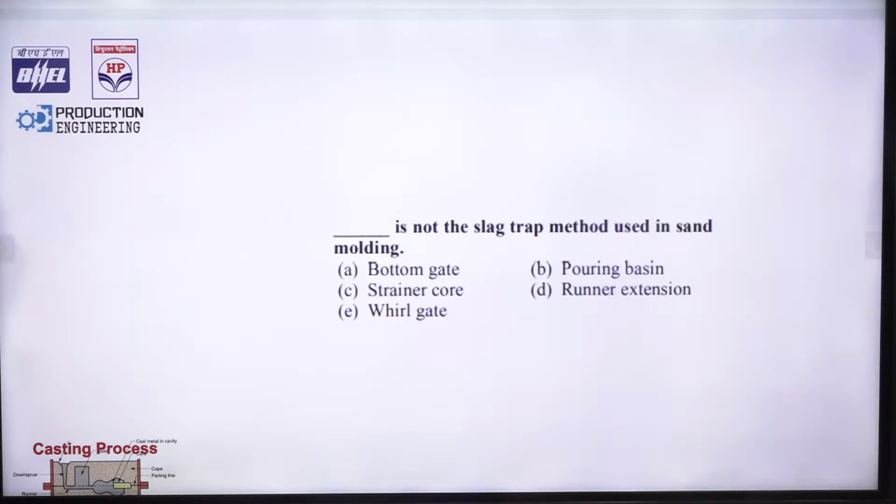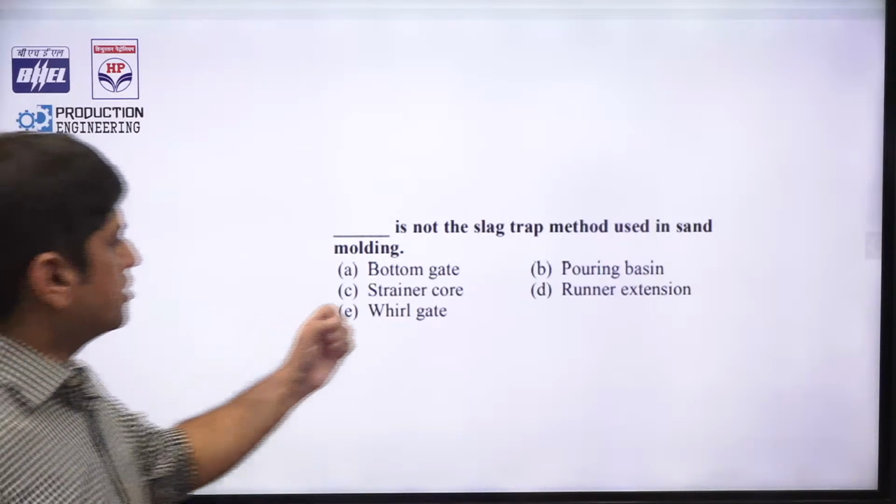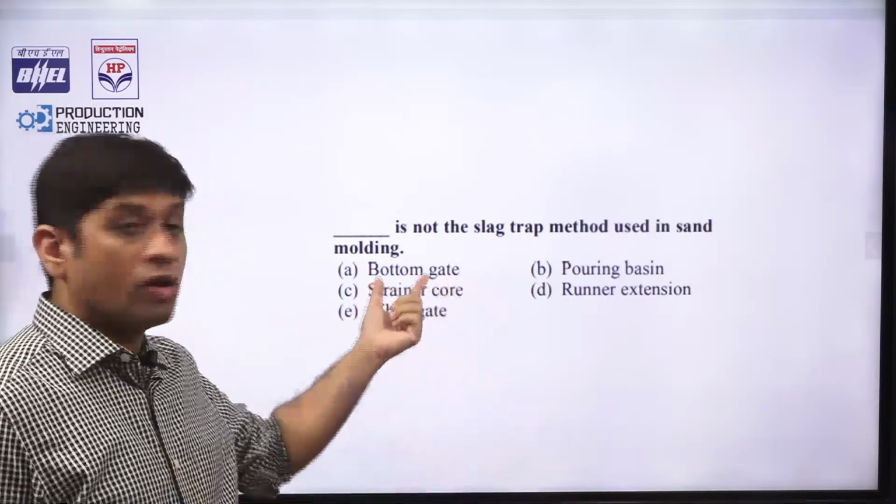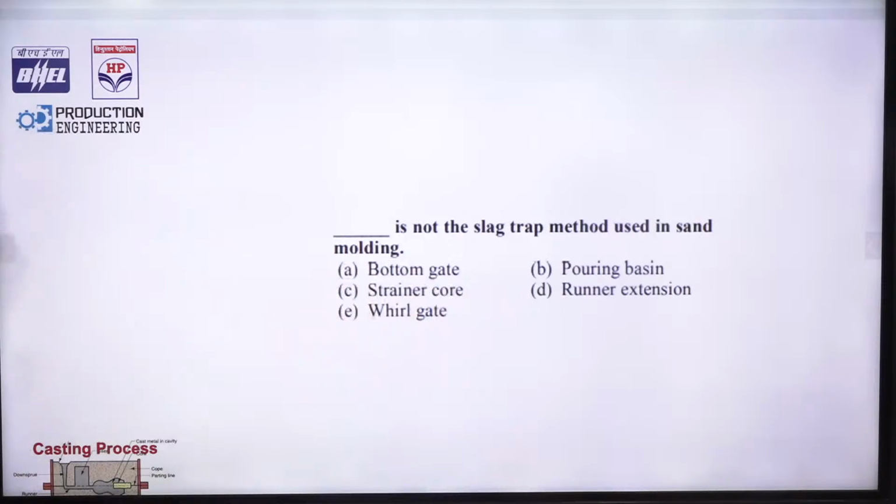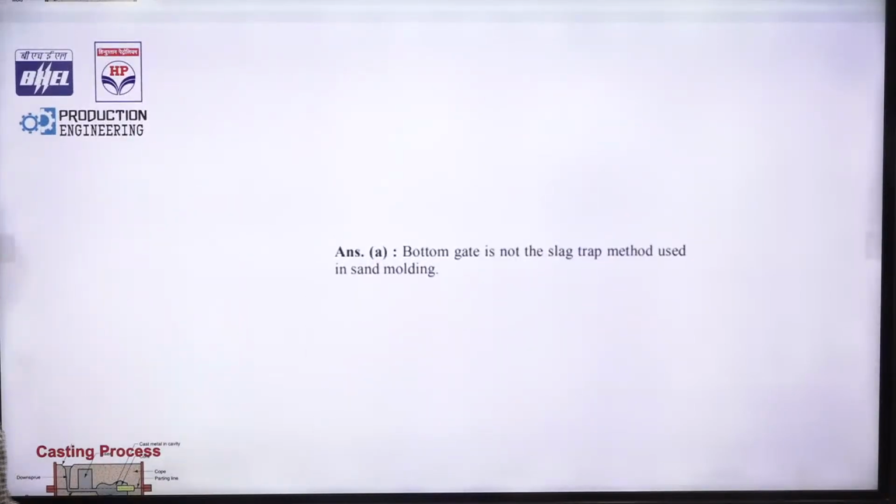Pouring basin is there, strainer is there, runner extension is there, whirl gate is also there. Bottom gate is not one of the ways to trap the slag. You know that bottom gate तो आपने किया है. You have already done the bottom gate. It is not one of the ways.